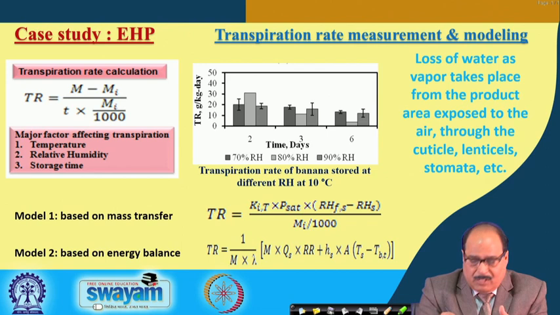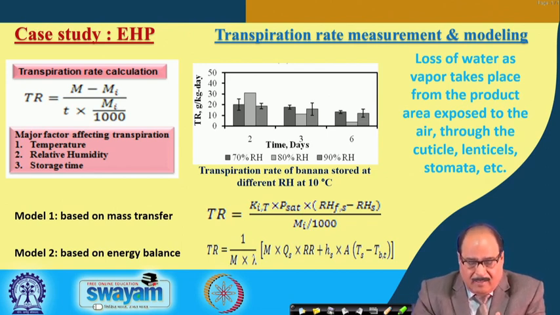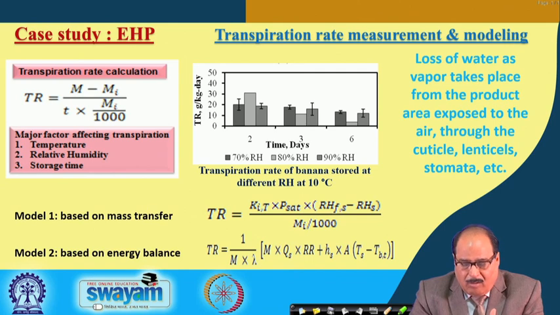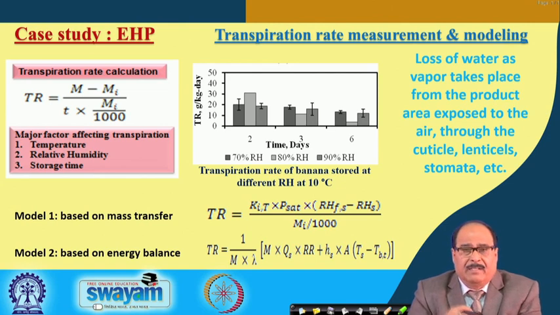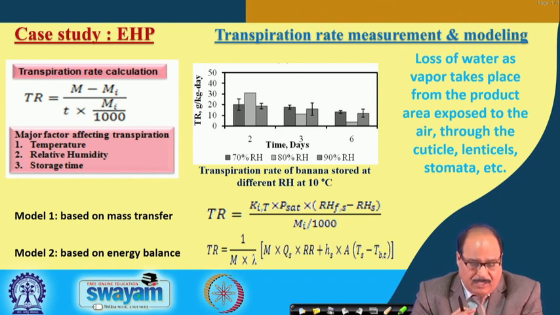In this picture you see we have our results on the transpiration rate of the banana, which is stored at different relative humidity from 70 to 90% and temperature at 10 degrees Celsius. And you can see in the figure how the transpiration rate varies with the relative humidity as well as with the storage time.